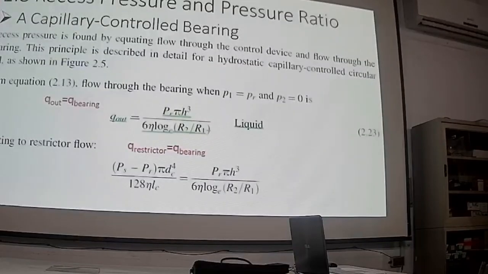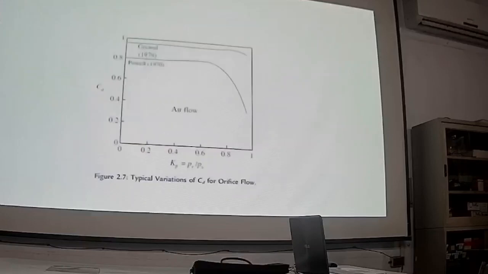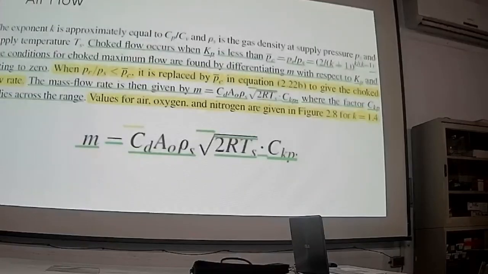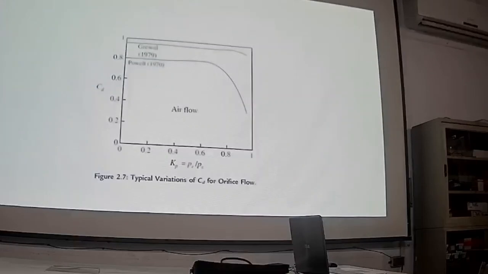So then we have the flow outside the bearing equal to the bearing, or inside the restrictor equal to the bearing. So then we have two equations, and we can solve the design process. To go back here, so we have several discussions, especially for the air bearing. Okay.